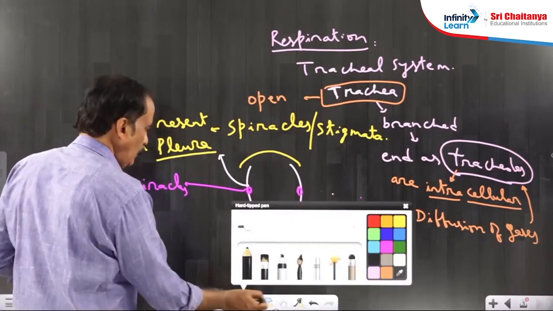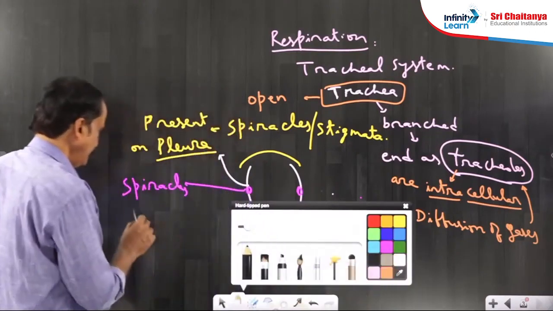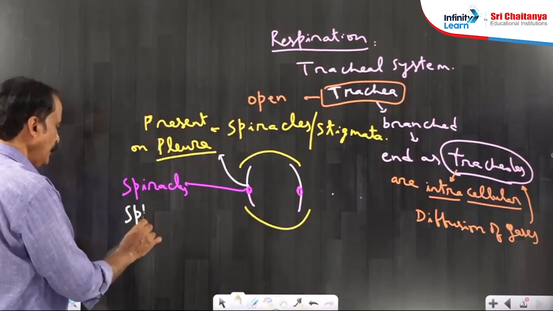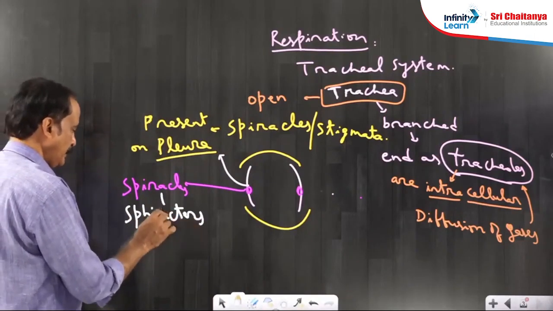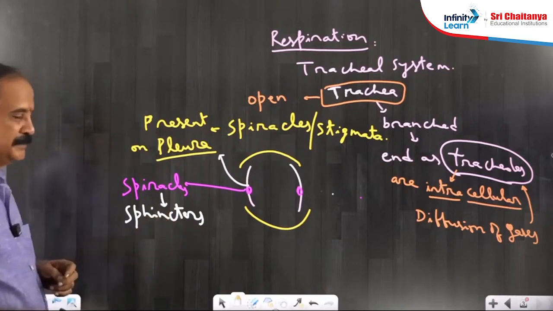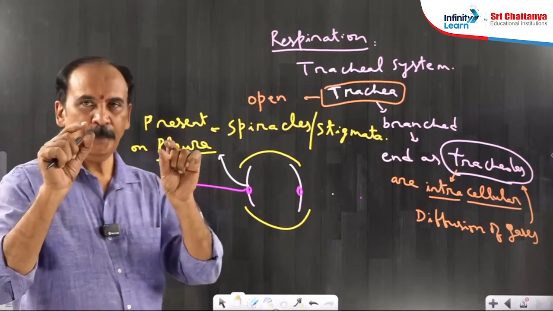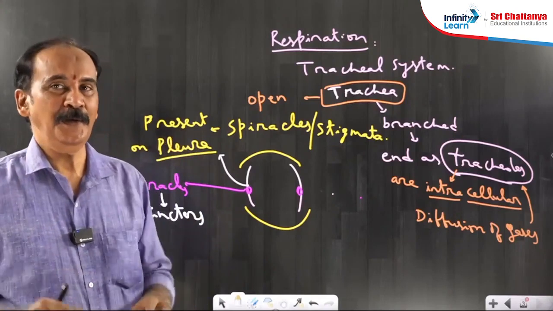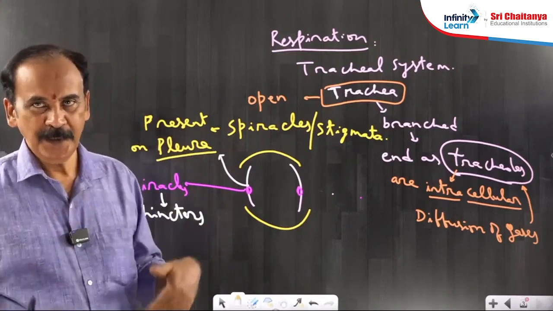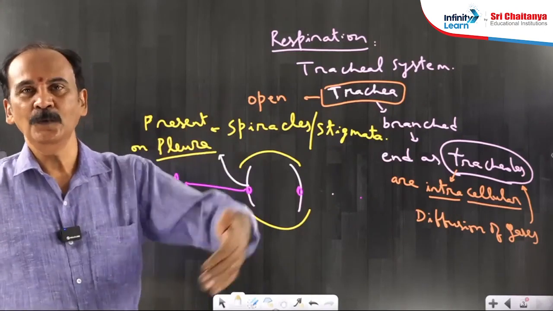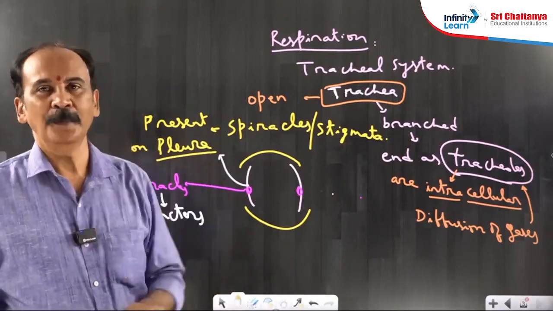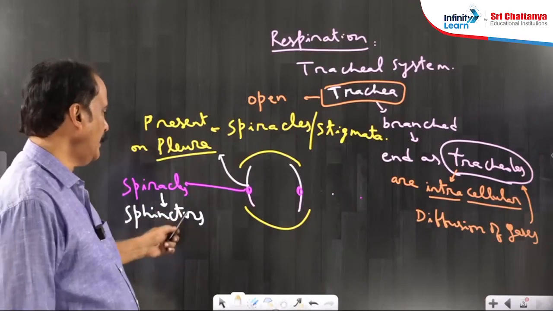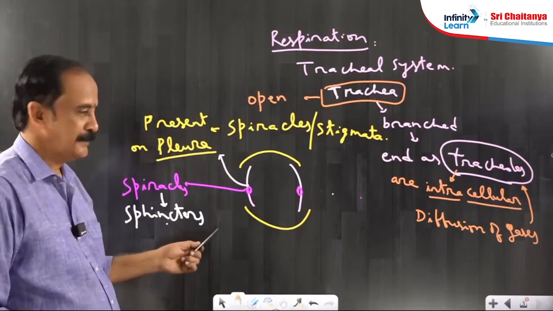Spiracles are valvular, or the book says they are provided with sphincters. That means spiracle opening and closing is regulated. When the animal wants to take in air or expel air, it regulates this aperture.